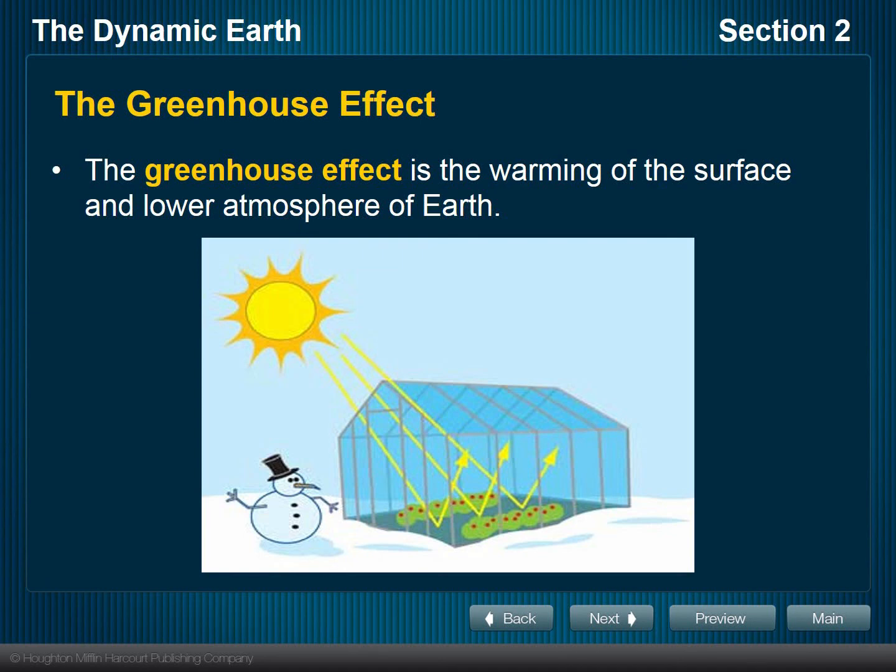The most abundant greenhouse gases are water vapor, carbon dioxide, methane, and nitrous oxide. The quantities of carbon dioxide and methane in the atmosphere vary considerably as a result of nature and man-made processes.